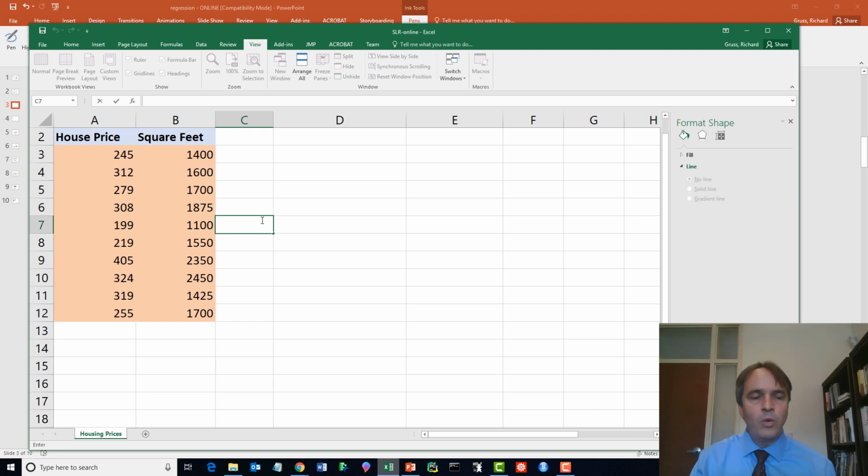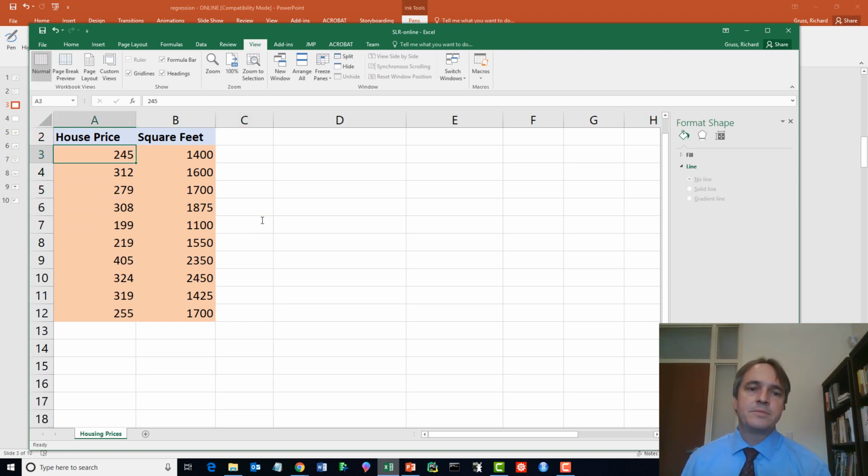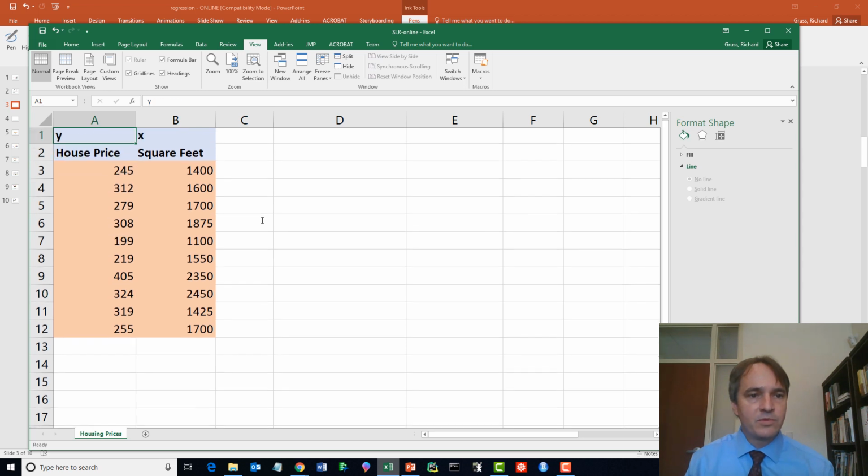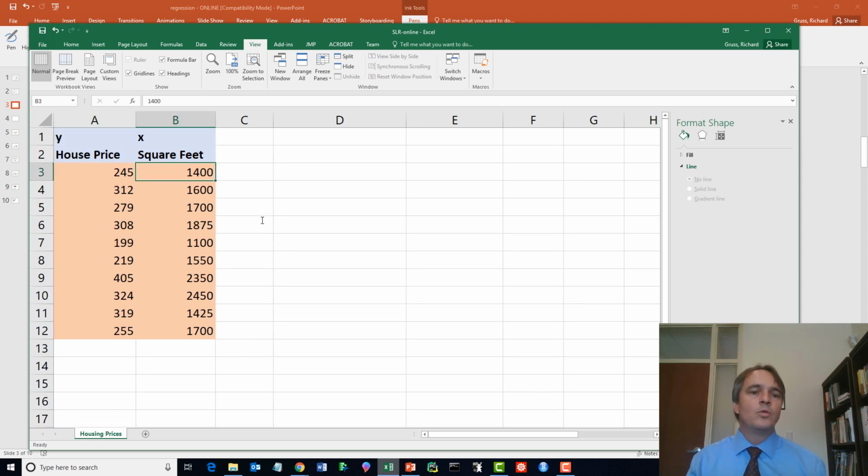Okay, so what we are interested in is, is there a relationship between the number of square feet, that is the size of the floor plan of the house, and the house price? Okay, so we want to explore this relationship. Okay, now we suspect that square feet has some impact on price. Okay, we know that there's other things, but we're interested specifically in how does the size affect the house price.